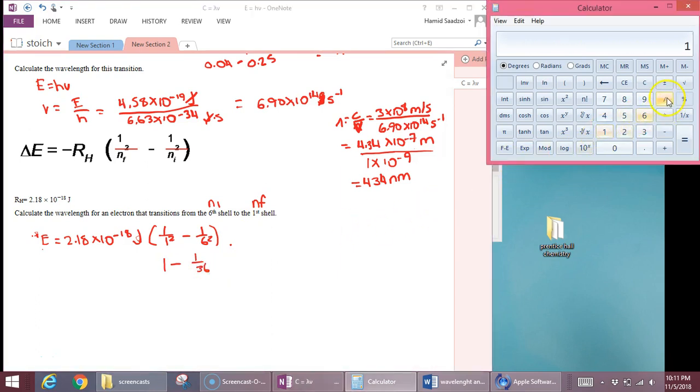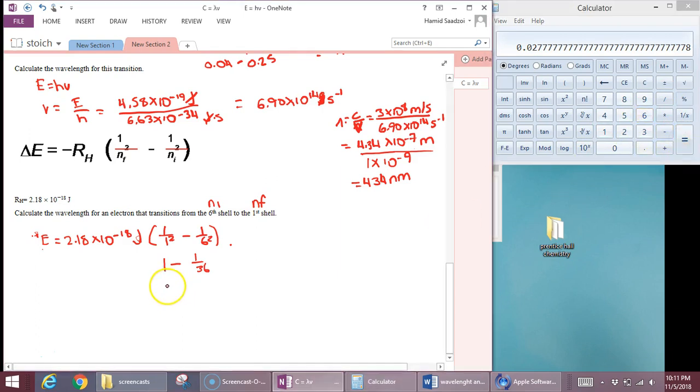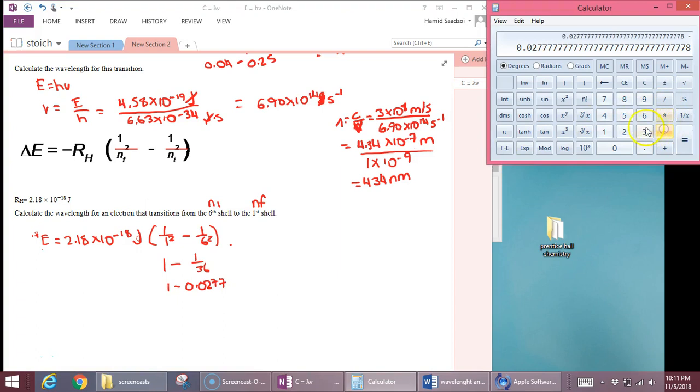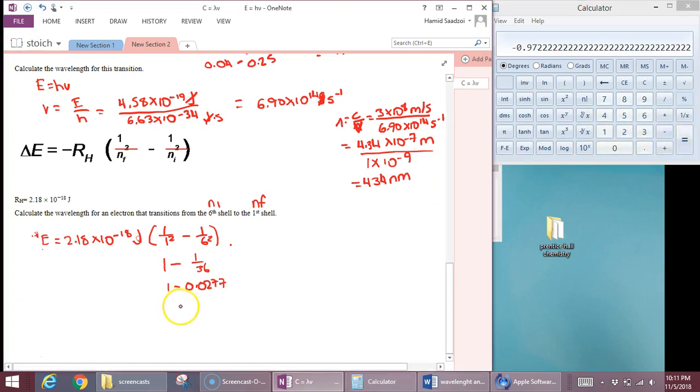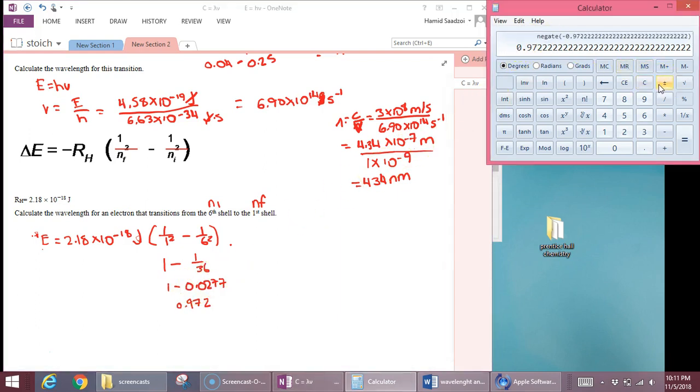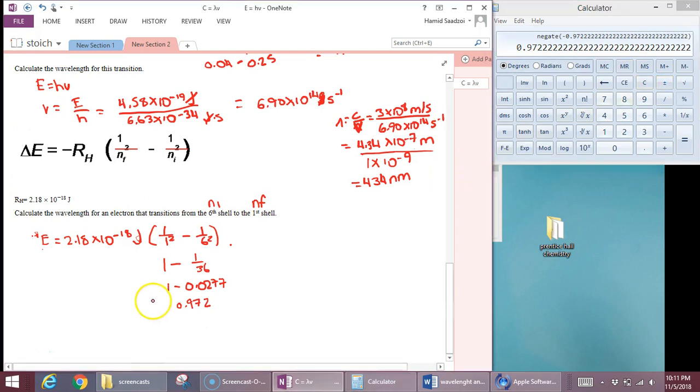So 1 divided by 36 gives us 1 minus 0.0277. And we get 0.972. The reason the number is positive is because when I put it in the calculator, I did the math the opposite way to make it a little bit faster.